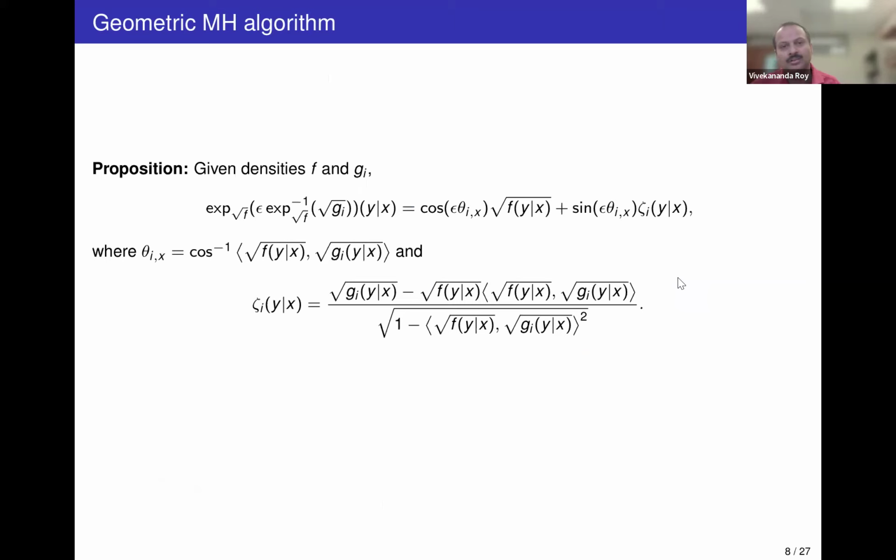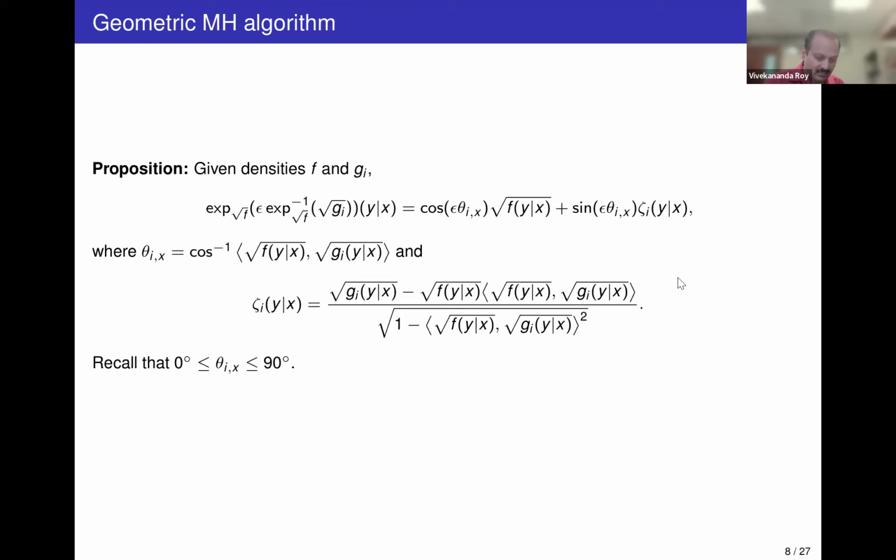It is cosine of epsilon theta, where theta is the arc length, the angle between square root F and square root G, plus sine of epsilon theta times this zeta I. And remember, I have to square it to bring it to my space of densities. By the way, this theta is bounded between 0 and 90 degrees.